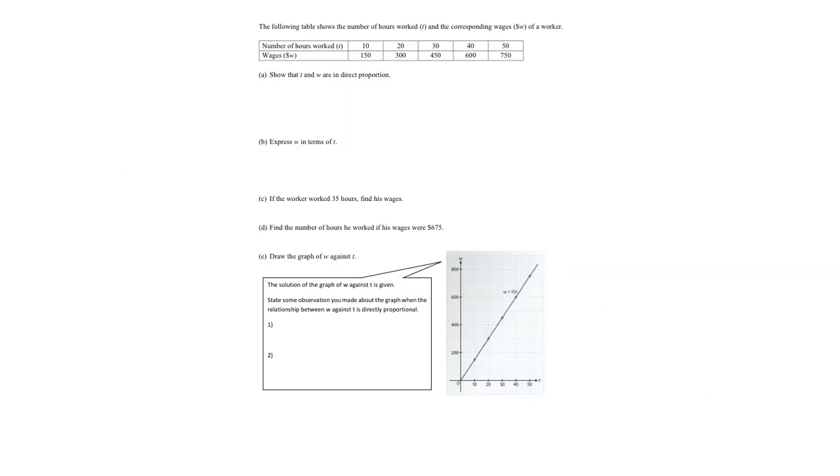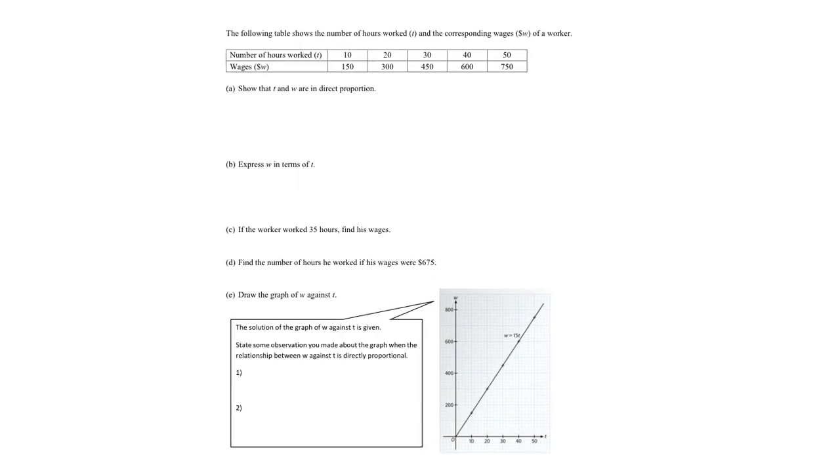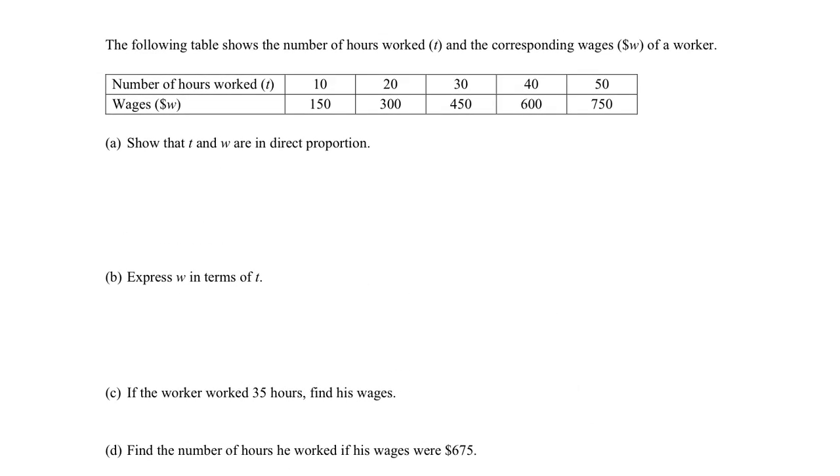Welcome to this example where we are given a table that shows the number of hours worked and the corresponding wages. For this, I'm going to zoom in. Show that T and W are in direct proportion. T is here, W is here. We learned that previously.